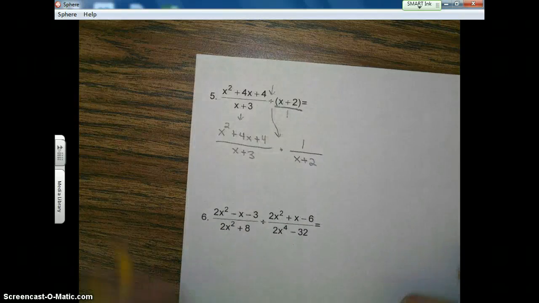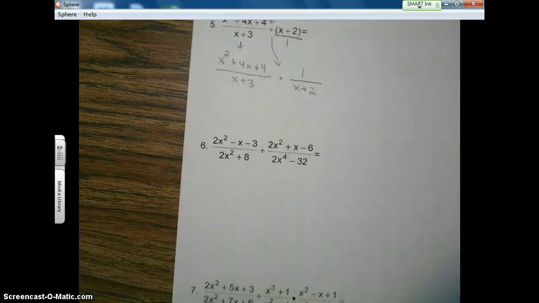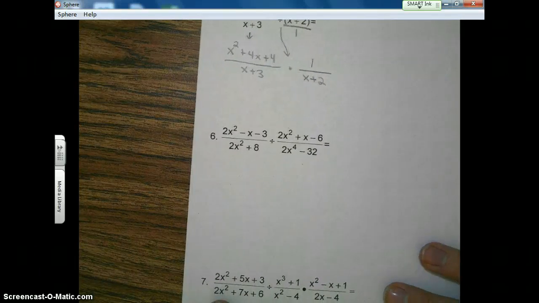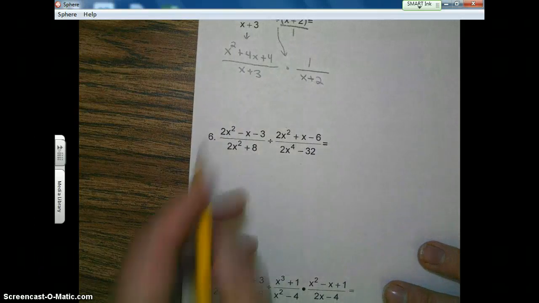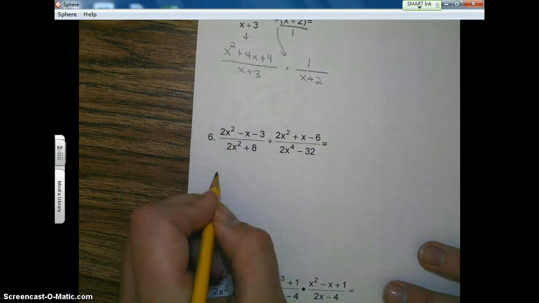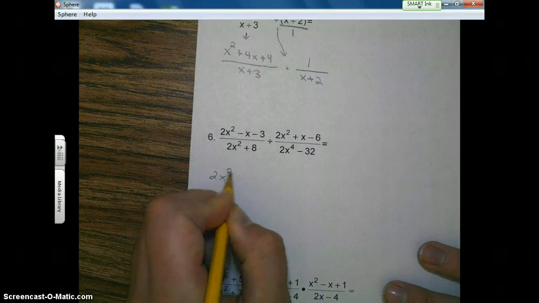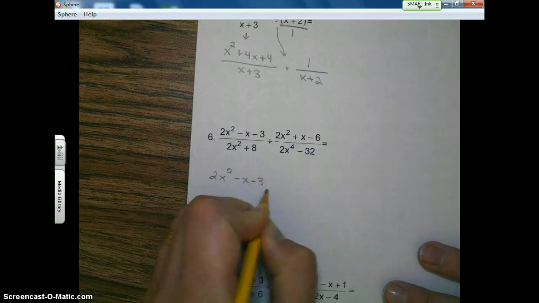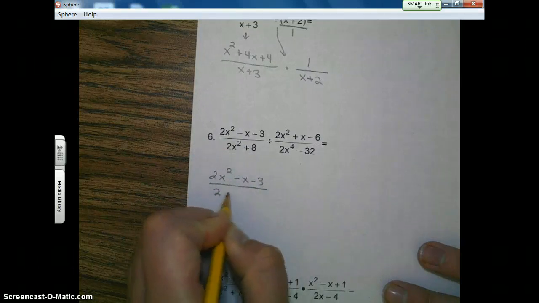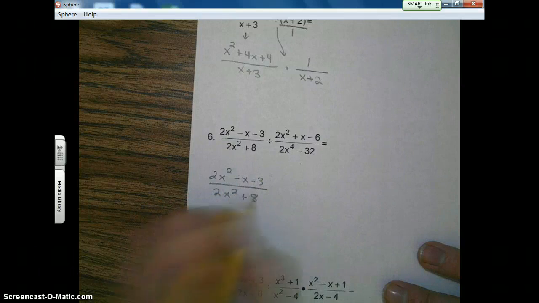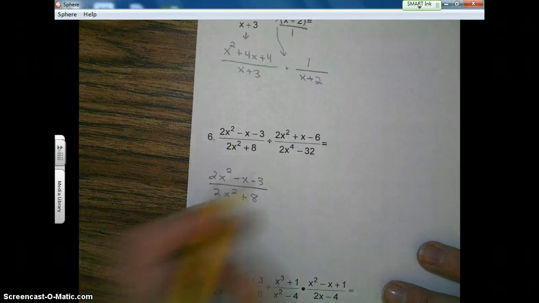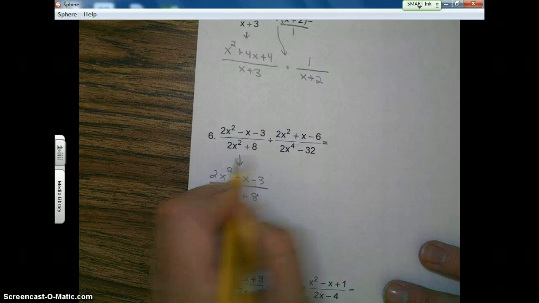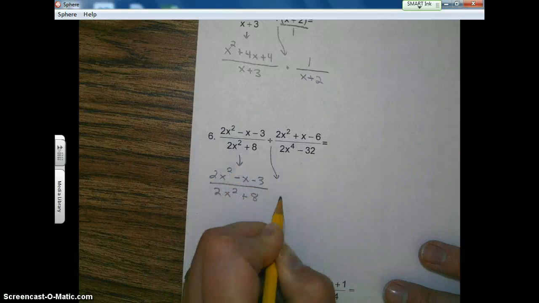Okay? Let's go down here to number 6. What is the first thing we do? That's right, we bring down the first ratio. What's the second thing that we do? That's correct. We want to change division to multiplication.